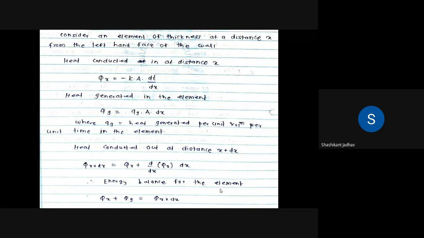So what did we write? How much heat is conducted into that small element, the equation for that is qx. Then what amount of heat is generated within that element: qg is equal to small qg into A into dx.